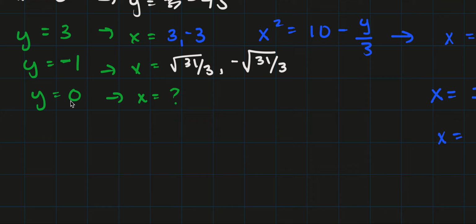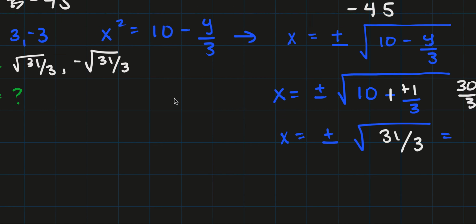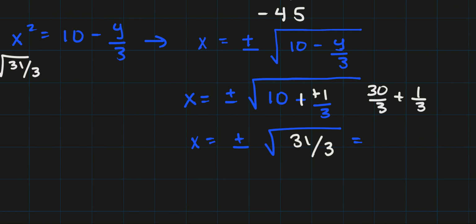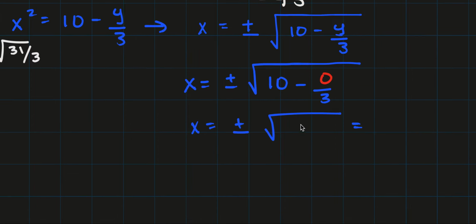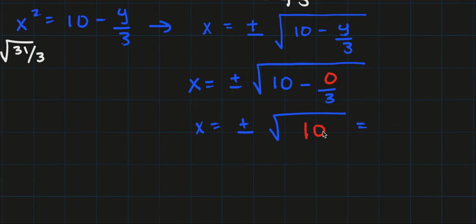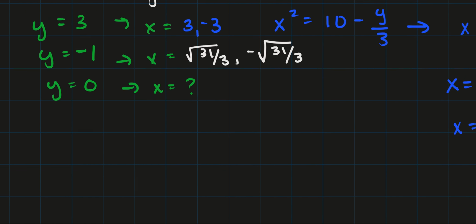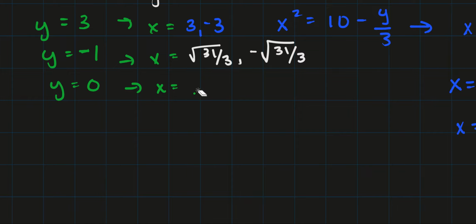Last problem, we're going to plug in 0 here. So let's erase this and plug in 0 for y. So then you get 10 minus 0, so we get plus or minus root 10. So that's going to be our answer here. Root 10 or negative root 10.